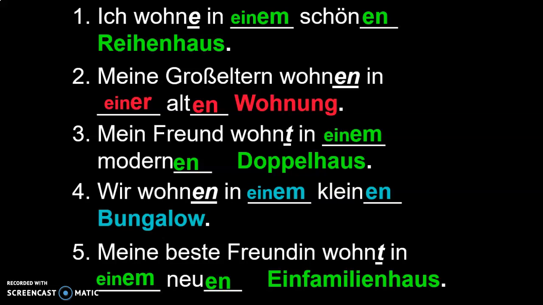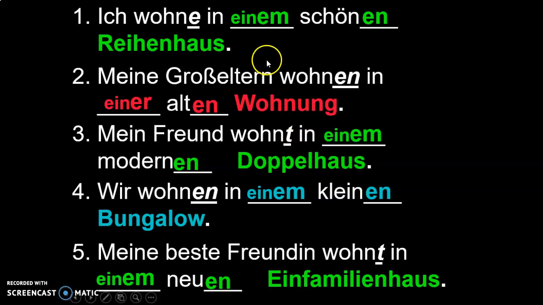Okay, so if you look here, we've got ich, meine Großeltern, mein Freund, wir, and meine beste Freundin. So it doesn't matter who we are talking about. It doesn't matter who the subject of the sentence is. Where we've got the preposition in, that is what denotes the adjective endings.